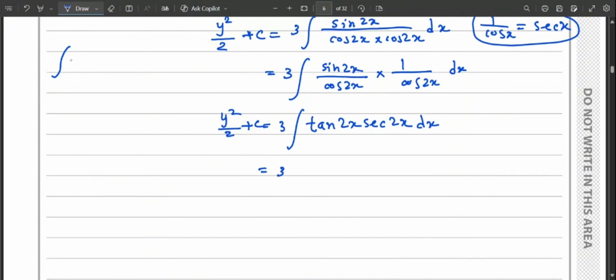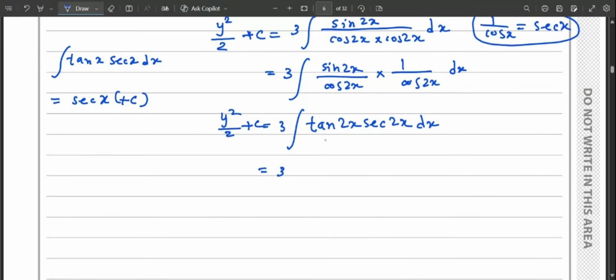From our definitions, we know that the integration of tan x and sec x is equal to sec x plus c. We know this from our definition.